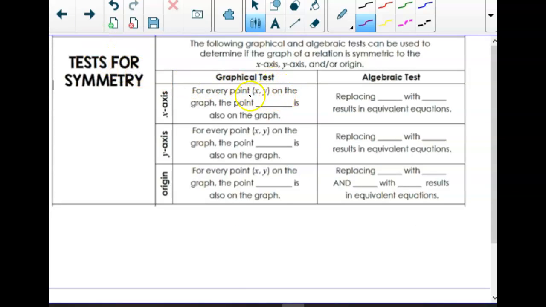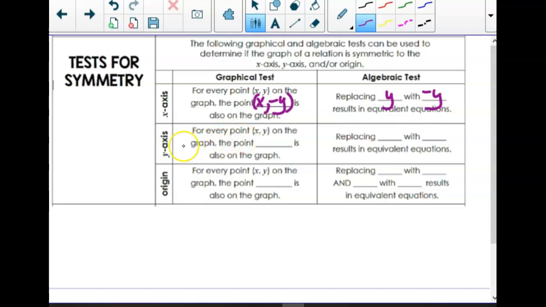So on your notes, one more time, it says for every point x, y, if it's x-axis symmetry, the point x, opposite of y is also on the graph. So replacing y with the opposite of y results in an equivalent equation.